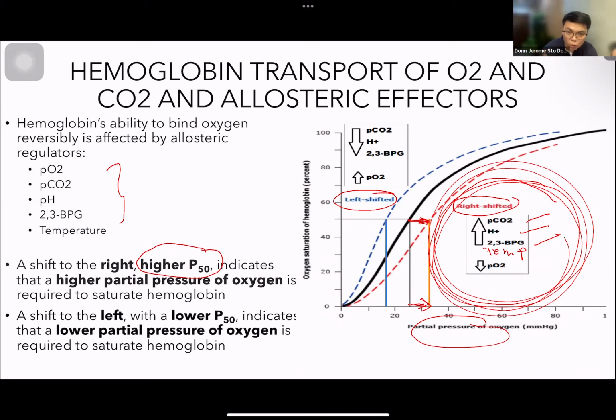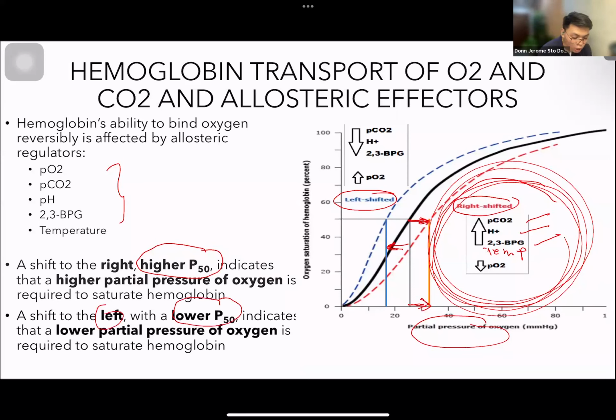The opposite is true when you shift the curve to the left. When you shift the curve to the left, from here to here, what happens to your P50? Will it increase or will it decrease? It will decrease. You will have a lower P50.